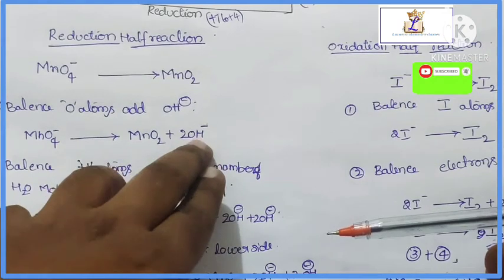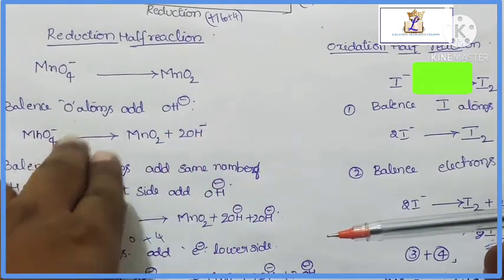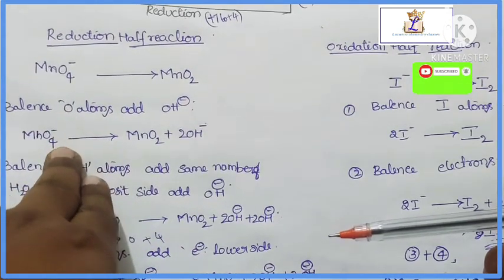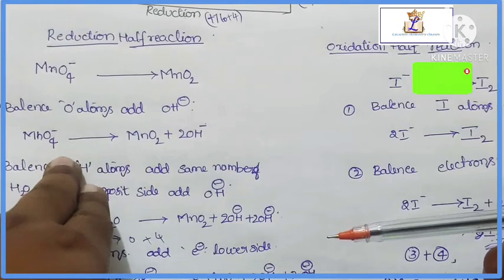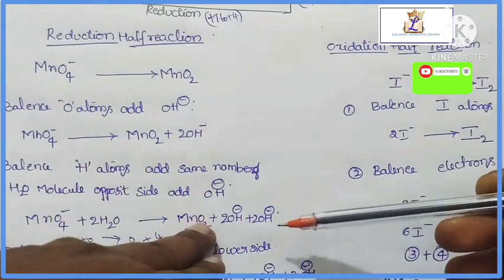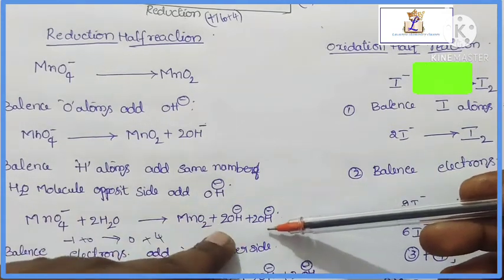On this side 2 hydrogens are present, on the other side no hydrogens are present. So on the left side we add 2 H2O molecules, and on the opposite side we add 2 OH minus ions. So all are balanced.